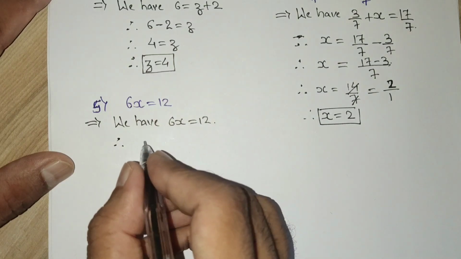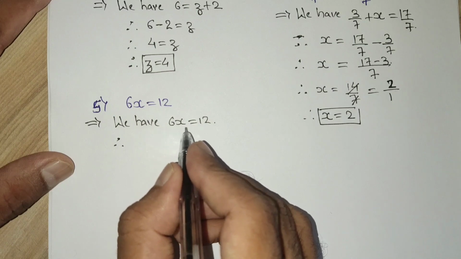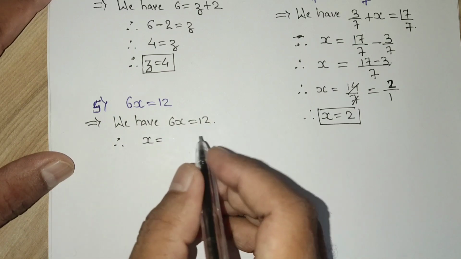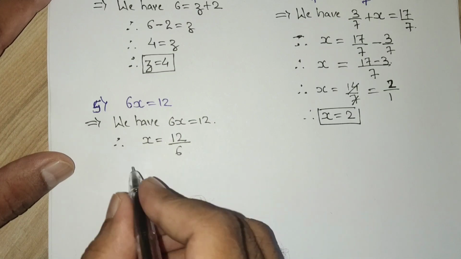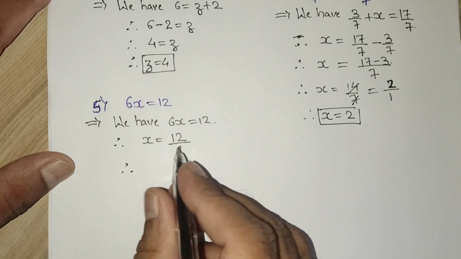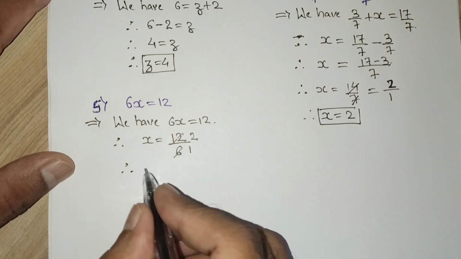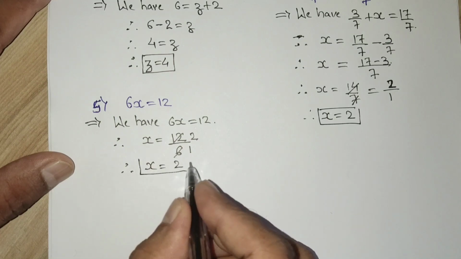Therefore, here 6 is in multiplication with x, so it will go that side and divide. Why? Because I have already discussed it in first lecture. If you have not watched, please go there and watch. 6 1s and 6 2s. Therefore, x is equal to 2 will be your answer.